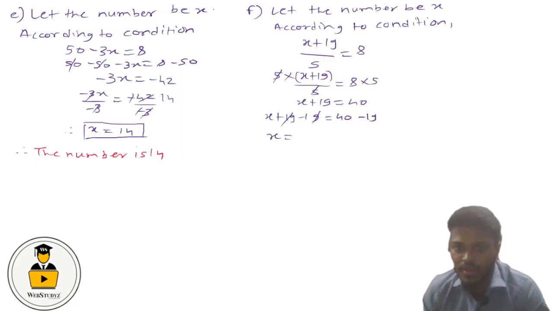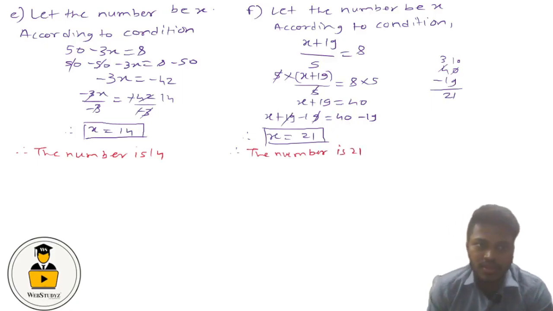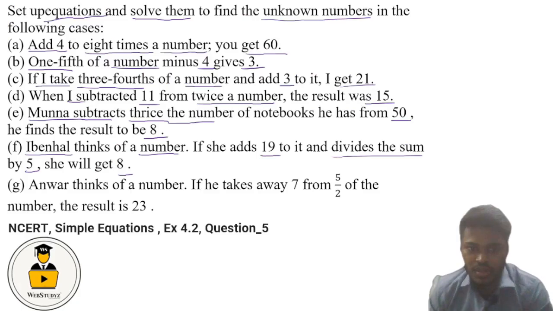If we subtract, this will give us 10 minus 9 is 1, and 3 minus 1 is 2. So x comes out to be 21. So therefore we can say that the number is 21.